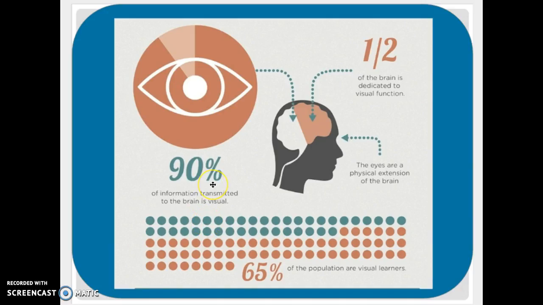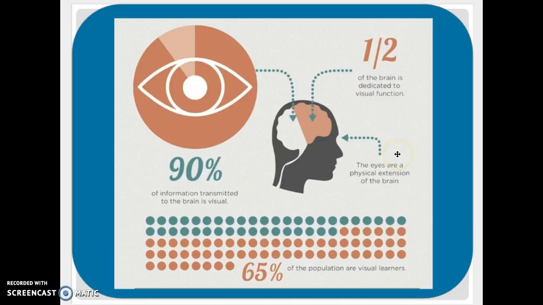Here is an infographic that's explaining the same information from that bulleted slide. This is showing 90% of that information transmitted to the brain is visual. So you can see that this circle graph is showing 90%, and you can see the eye that's representing the visual. Also, in this brain diagram, it says half of the brain is dedicated to visual function.